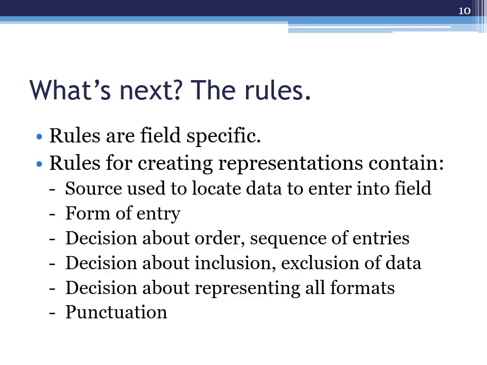So again, we need to discuss the rules. The rules are field specific. You need to have rules for creating representations that contain the source used to locate data to enter into a field and the form of entry, and you also have to have rules about the order and sequence of entries, decisions about inclusion and exclusion, representing all formats, and also punctuation.